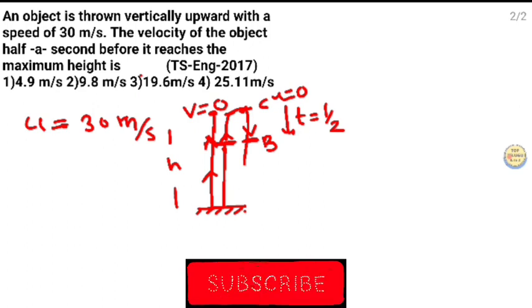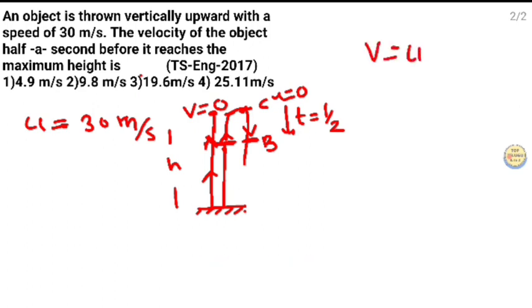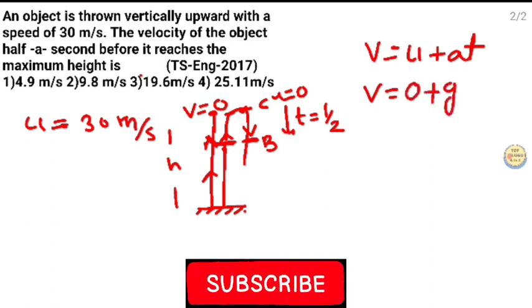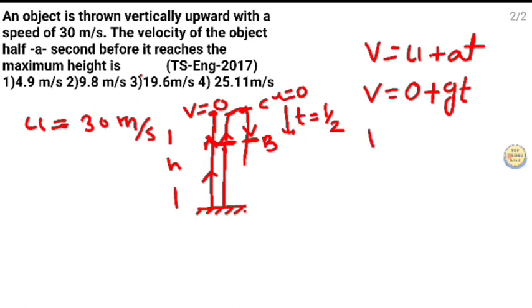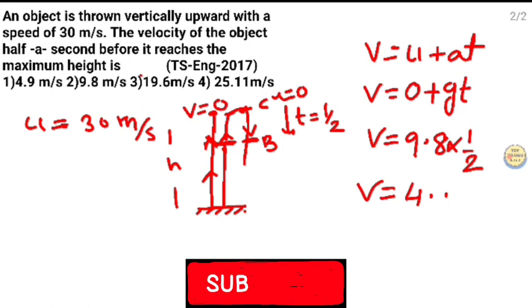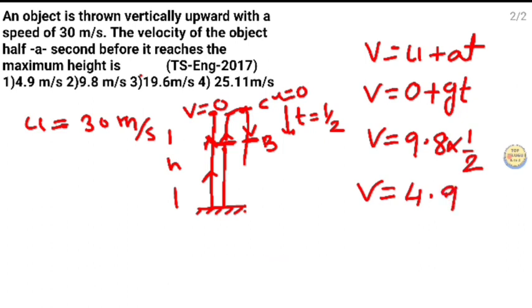So from equation of motion, v is equal to u plus at, in which initial velocity is 0, a value is g, t is half, or v is equal to g is 9.8, t is half of the second, or v is equal to 9.8 by 2, we get 4.9 meter per second. This is the answer. The first option is the correct one.